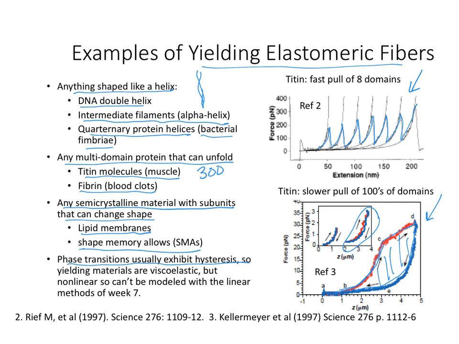Now, these viscoelastic materials cannot be modeled with the linear methods of week 7 precisely because they're nonlinear. This is a nonlinear behavior. Even at equilibrium, these are nonlinear behaviors, so we can't use the linear models. In summary, yielding elasticity is caused by phase transition, such as protein unfolding, and serves to protect materials from stress concentration and crack propagation.